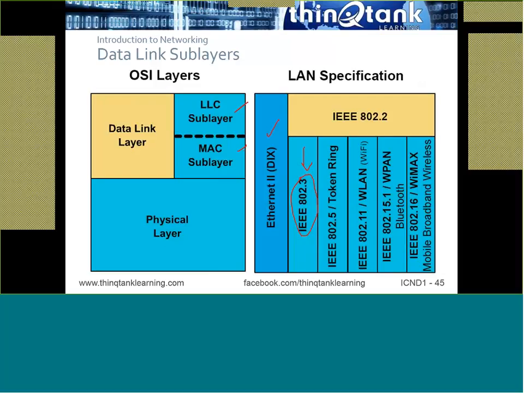But let me make it clear that Ethernet 2 does not have those sublayers. Frame relay does not have those sublayers. ATM does not have those sublayers. Those sublayers are specific to 802.3 Ethernet. You can also see there are some other layer 2 specifications, token ring or 802.5, Wi-Fi or 802.11, Bluetooth 802.15.1 or other types of Bluetooth, WiMAX, which is broadband wireless in the registered spectrums, 802.16 and so on.